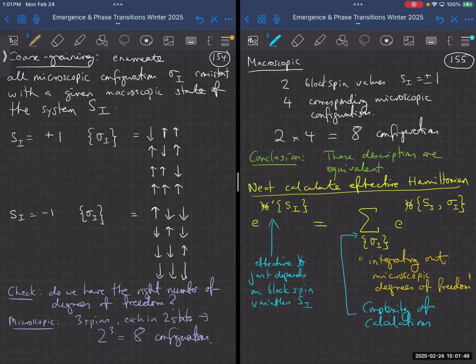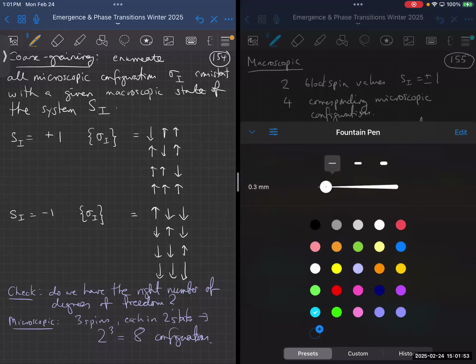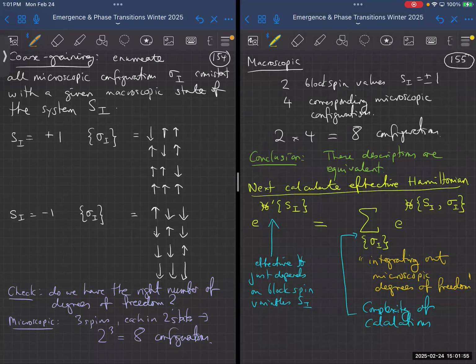So the only thing that matters is that after you've constructed the effective Hamiltonian, we can read off the RG recursion relations for the coupling constants.